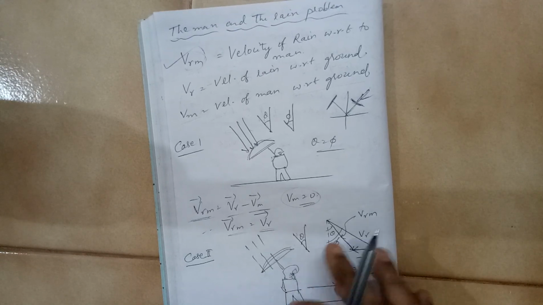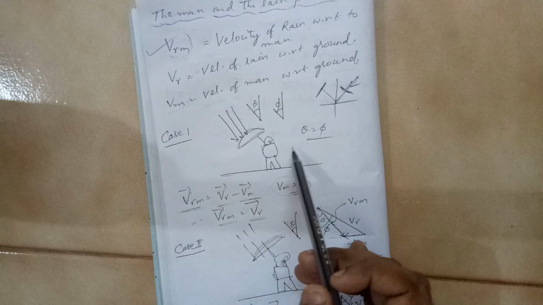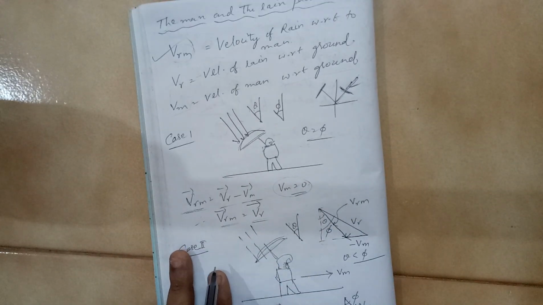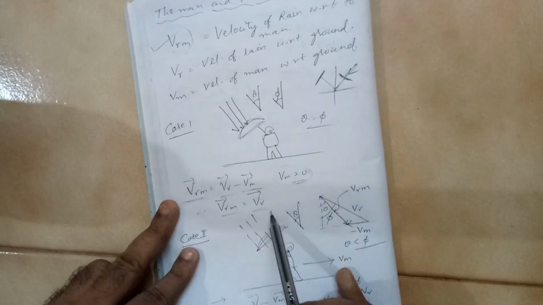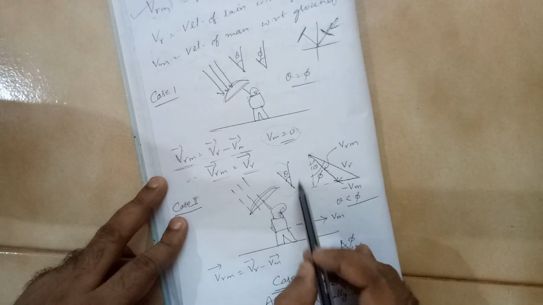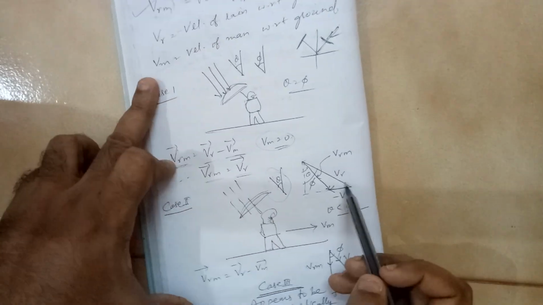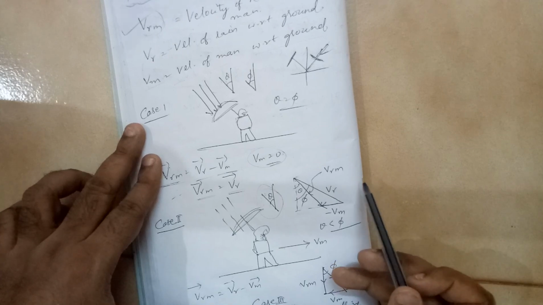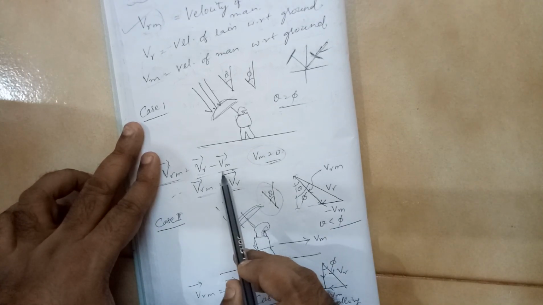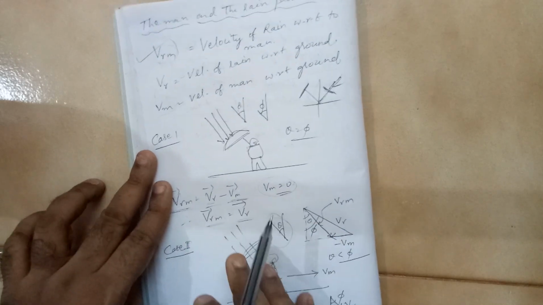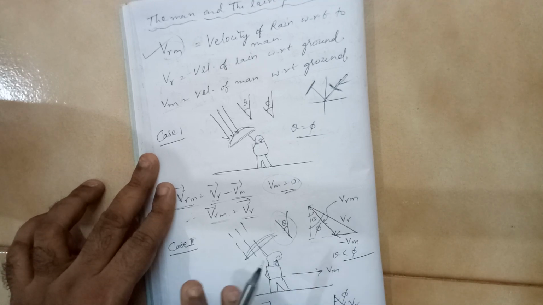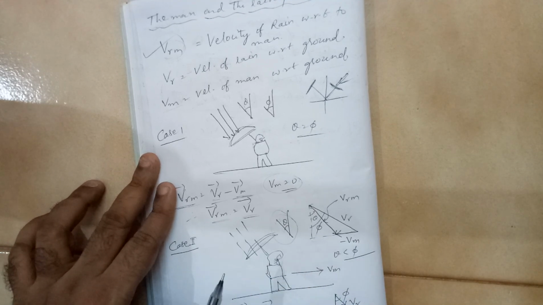Let us take the second case. Now this man is walking or running. So VM is not equal to 0 now, he is moving in this direction. If you construct the vector diagram, you have to find VRM, that means VR minus VM. Always remember, in vectors there is no subtraction, there is only addition when you are talking about it graphically.